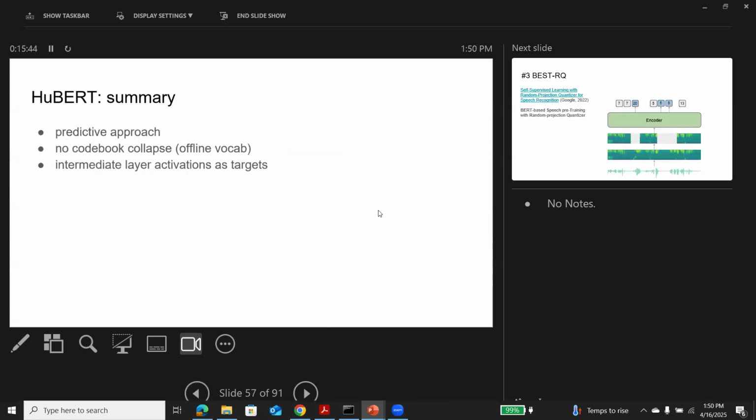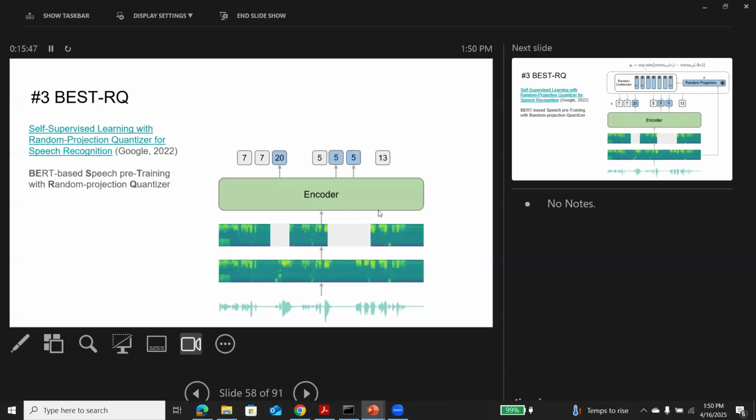Okay, the next model, more recent. If I'm not mistaken, they just created a fixed code book.